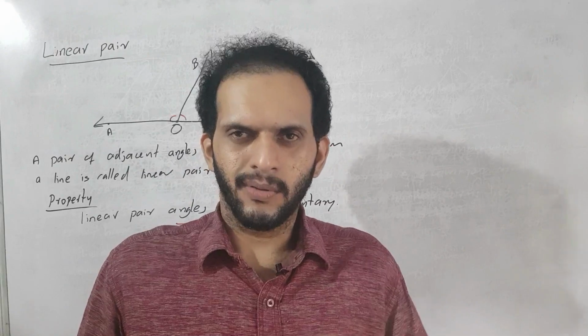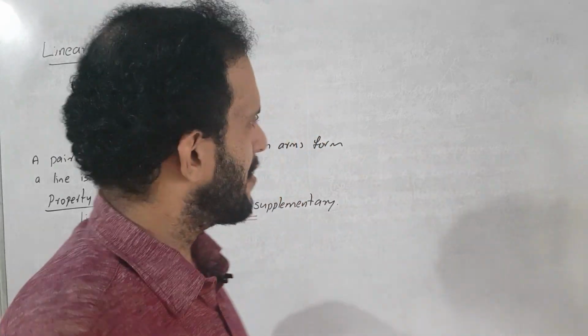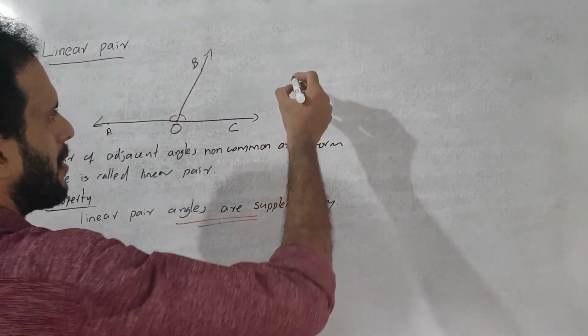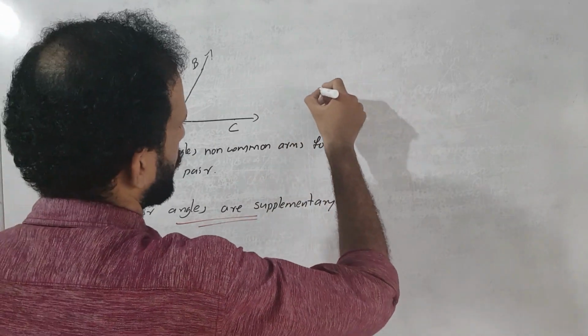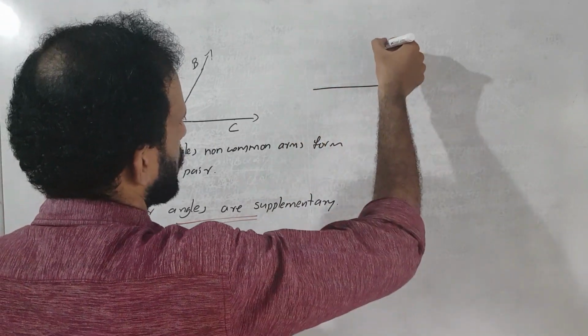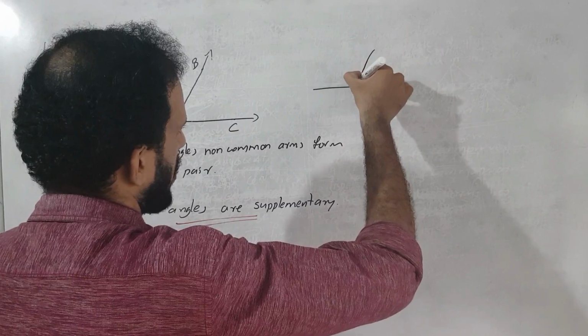Okay, I think you got the idea. Then what is a linear pair? Then we have a line. Suppose PQ is a line and one ray OR meets this line at one point.